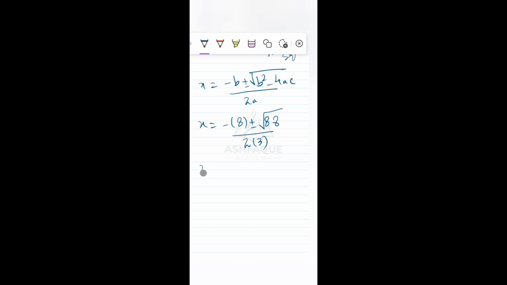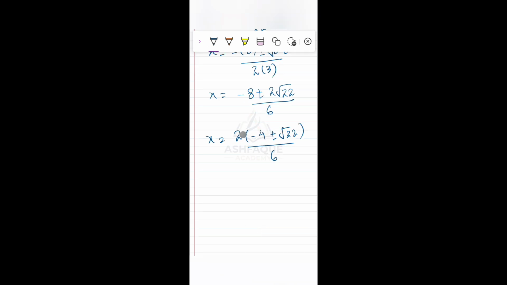Whenever you simplify it, it will be minus 8 plus minus 2 under root 22, divided by 6. We will take 2 as a common factor, so it will be 2 into (minus 4 plus minus under root 22), divided by 6.